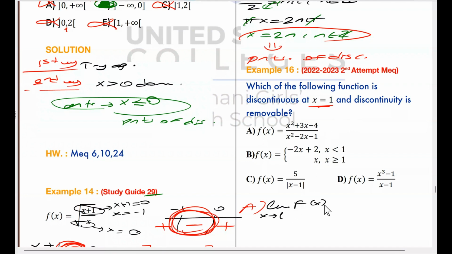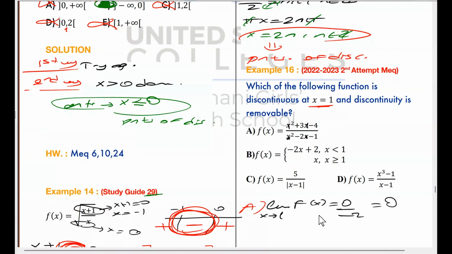equals, when you insert 1 back, what happens? 1 squared plus 3 times 1 minus 4. 1 plus 3, 4. 4 minus 4, 0. Divided by 1 minus 2, negative 1, negative 1, negative 2. 0 over negative 2, 0.